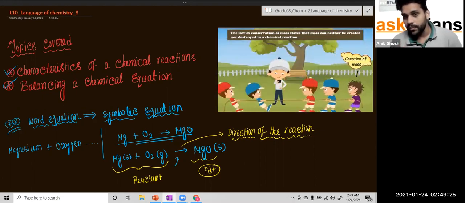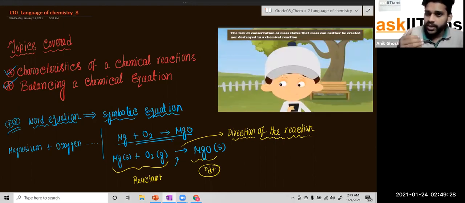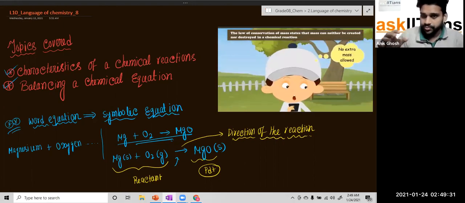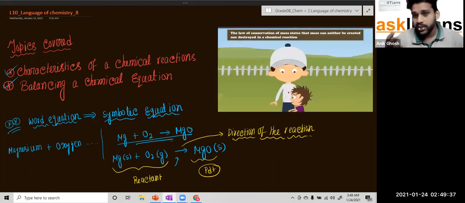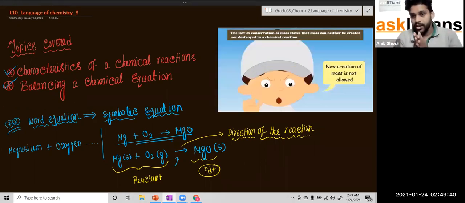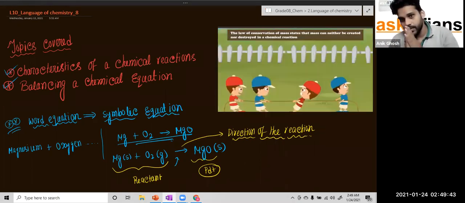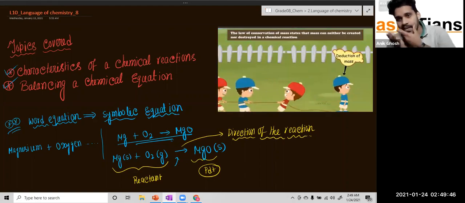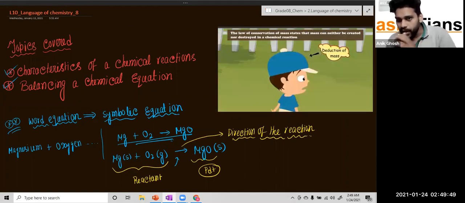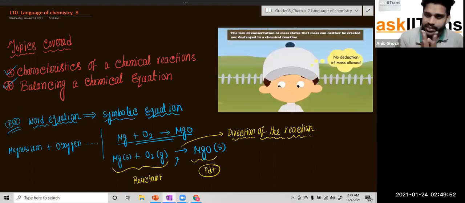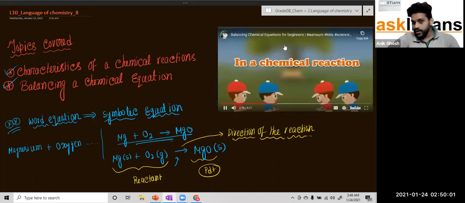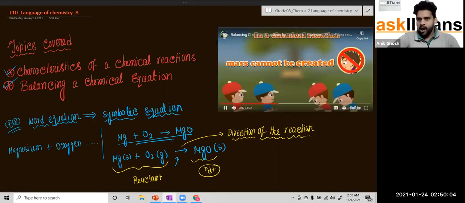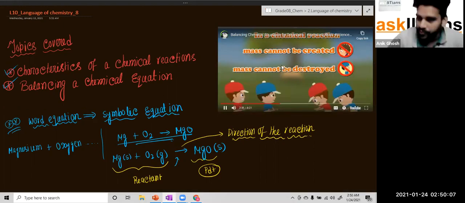A chemical reaction cannot generate mass or destroy mass. So new creation of mass is not allowed in a chemical reaction. And deduction of mass, he has left the rope, the deduction of mass is also not allowed. So the mass has to be the same only. Now you can see in a chemical reaction, mass cannot be created nor be destroyed as well, isn't it?